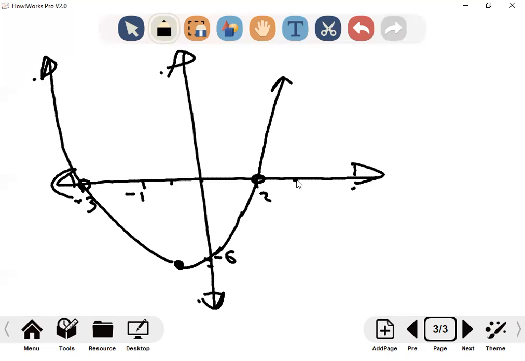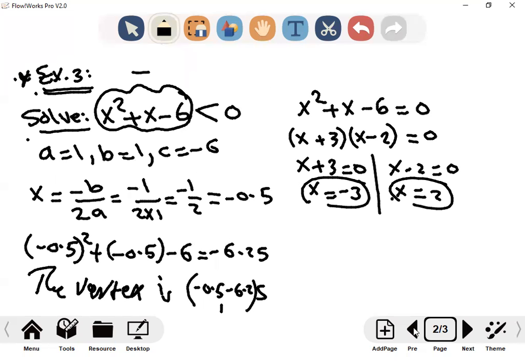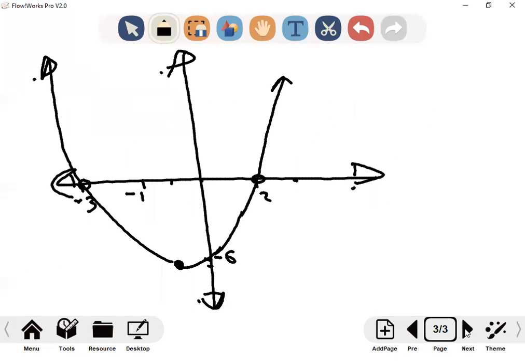Again. I want the curve to be negative. So I want to find the values of x that make this curve less than 0, negative, right? So I graph, I did all the steps normally, and after I graph, I take a look at my graph and ask myself a question: where is the function negative?